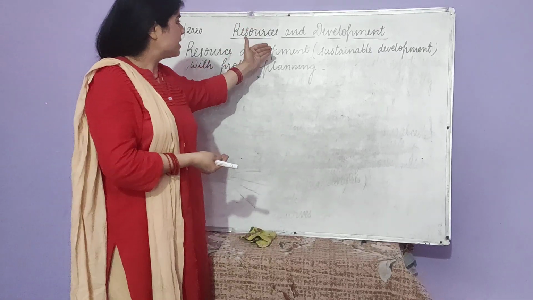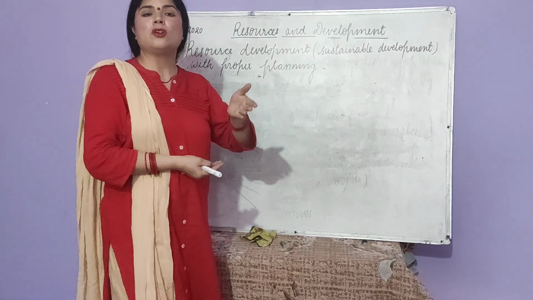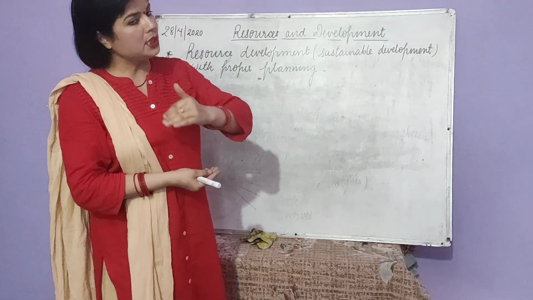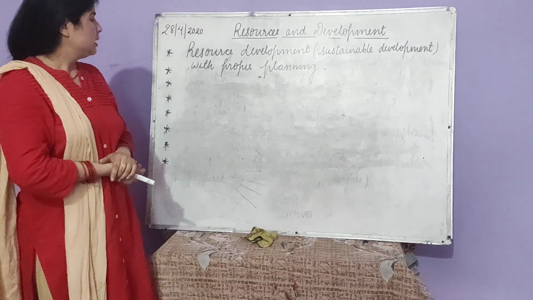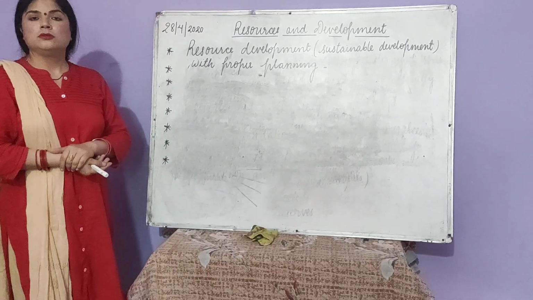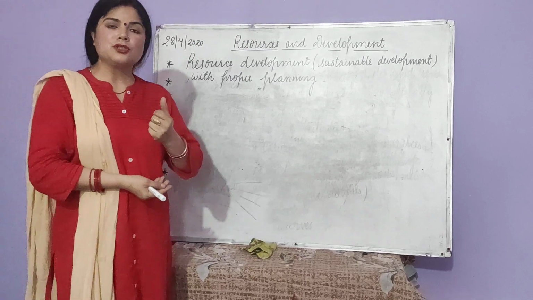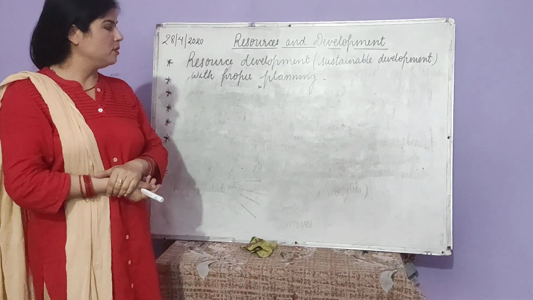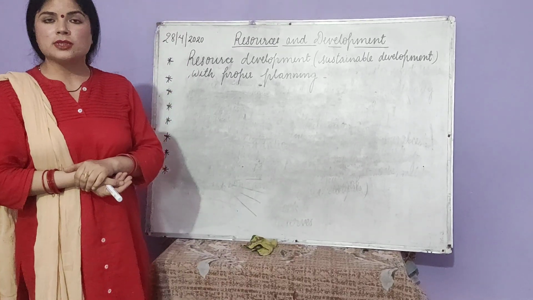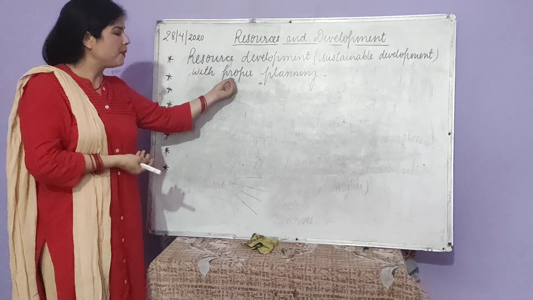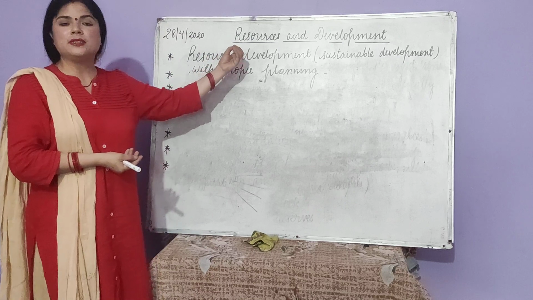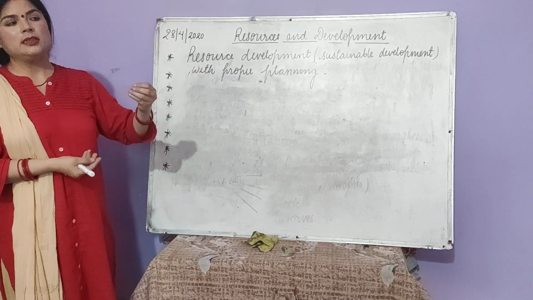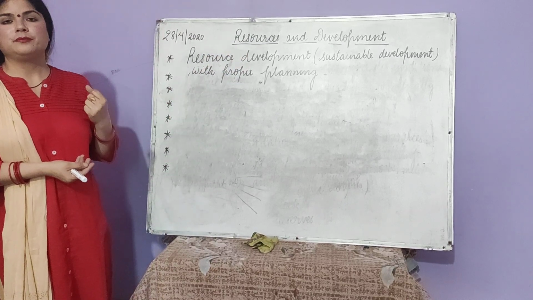Means the quantity as well as quality of these resources are going to decrease rapidly. So, to control this problem, the depletion of resources, we should plan in such a way that we can conserve these resources properly for future generations.